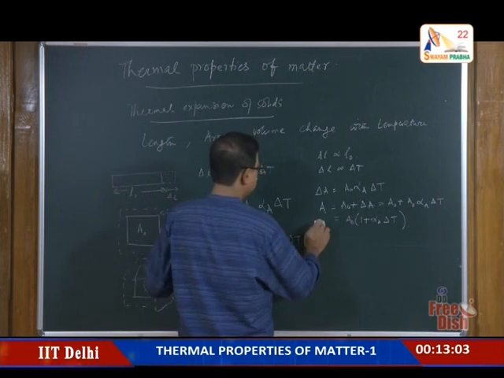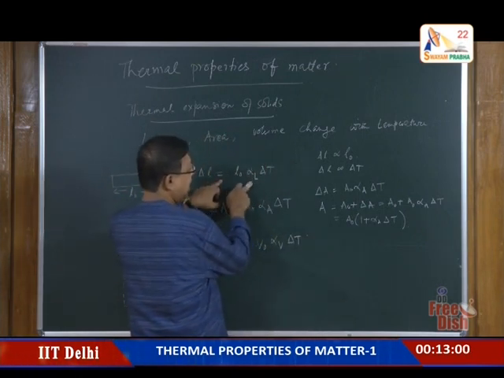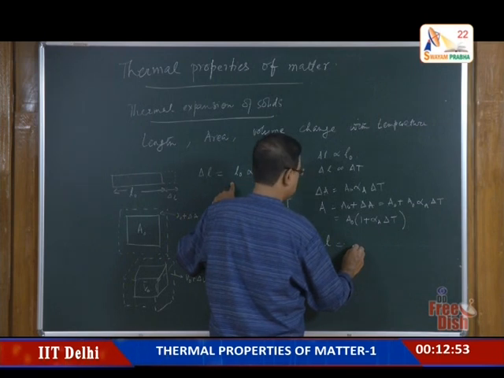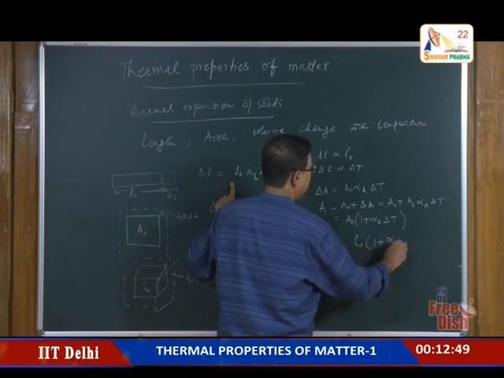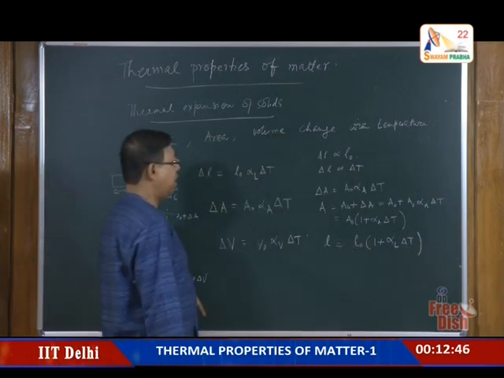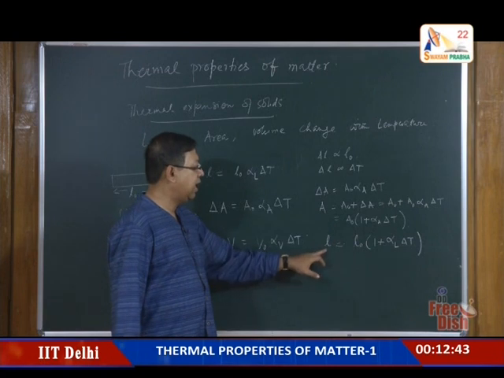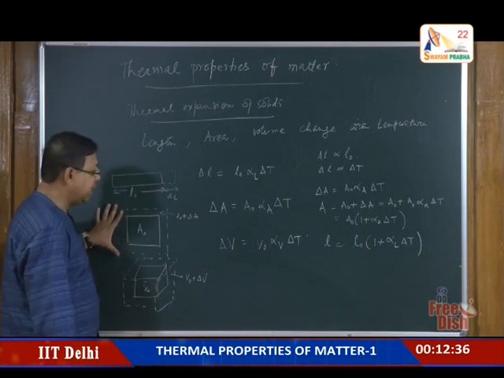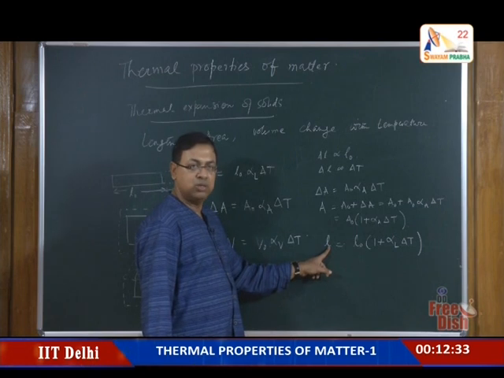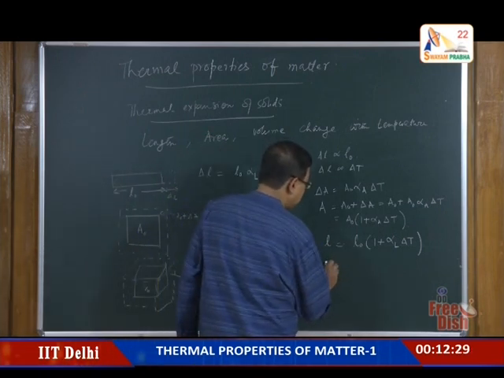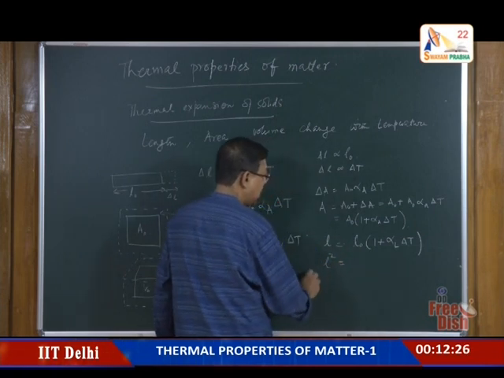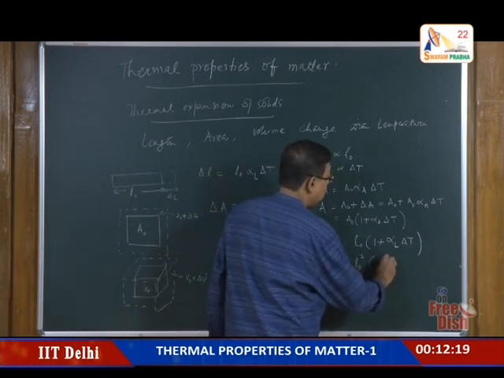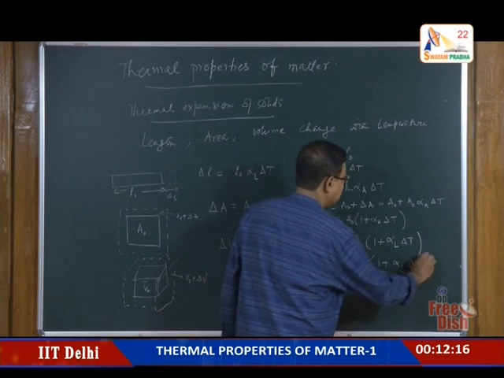In order to have a relationship between alpha L and alpha A, we look at this result as well: L equals L0 times 1 plus alpha L delta T. Now I should get the area by squaring it, so that if I have a square area which is undergoing an expansion, that will simply be L into L. So the new area will be L into L. If I square it, I have A equal to L squared, which is equal to L0 squared times 1 plus alpha L delta T, whole squared.